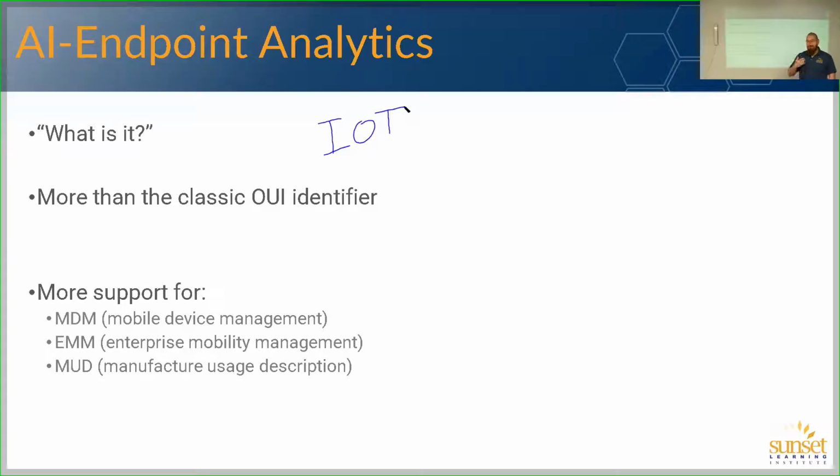Okay, but if we don't have a good OUI identifier, if this is a newer device and we don't manually classify it ourselves, what ISE can do for us now, and we'll run our feed updates, we'll get our updates, we're looking at not just what have we seen in our network, but we're looking at what has Cisco seen in other networks, other patterns of device behavior, and then how was that device eventually classified?